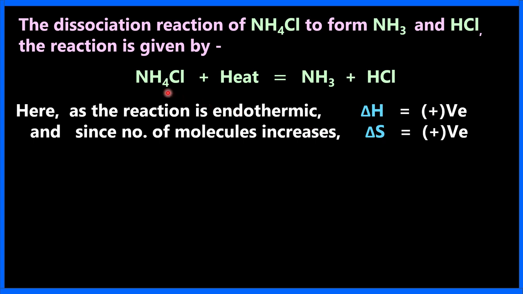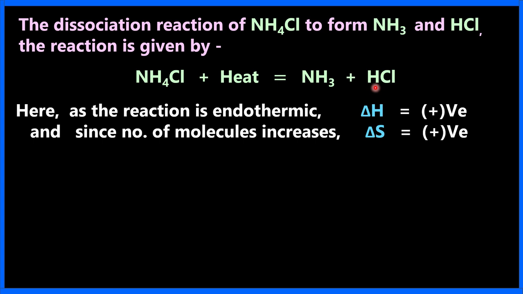Since the number of molecules increases in this reaction, one molecule of NH4Cl dissociates to one molecule of NH3 and another molecule of HCl. That is, one molecule dissociates to two molecules, and hence the degree of randomness increases.